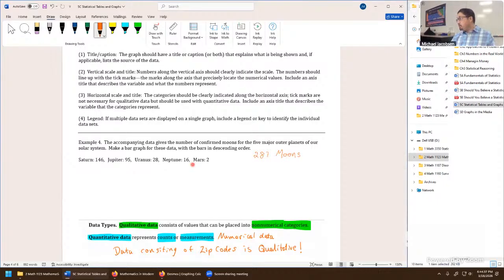So 287 moons categorized by their planet. This means the data is qualitative.